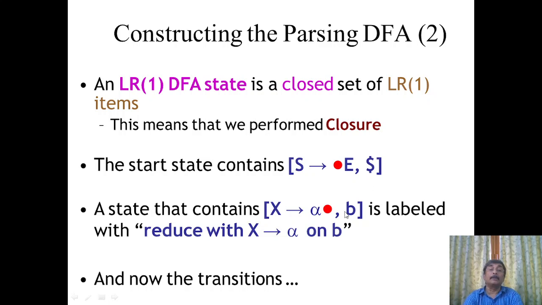Now a state that contains this much is labeled with reduce with this particular rule on B, nothing else. So the follow set, which was very important in SLR parsing, has lost its importance now. Follow set is no longer used in LR1 parsing. However, first is used.